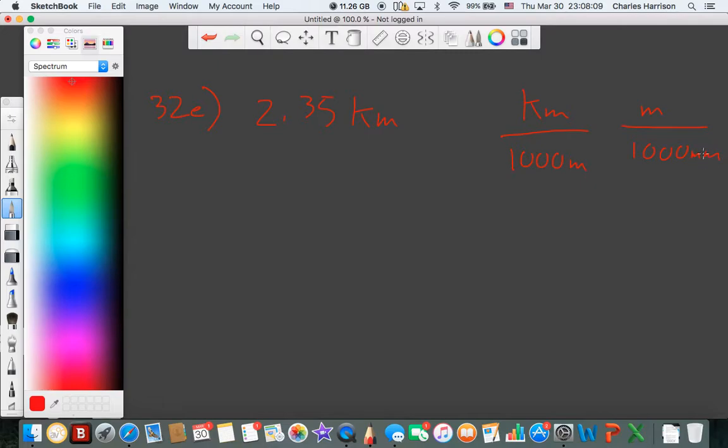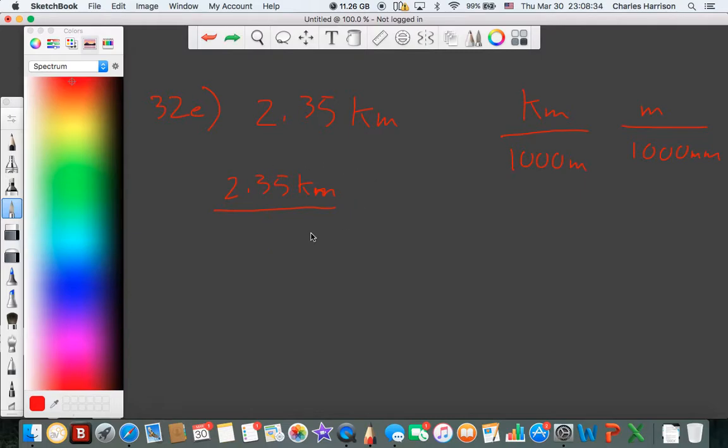All right, those are the two conversion factors, which is true. There are 1,000 meters in a kilometer, and then there's 1,000 millimeters in a meter. Did I say liter? I'm going to say meter the whole time.